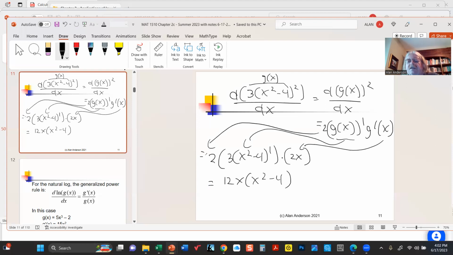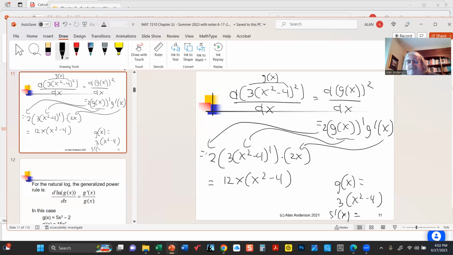Oh, wait a minute. You know what I just realized? No. You know what? I did something I shouldn't have. If g of x is 3 times x squared minus 4, g prime of x will be actually 6x. Because this function is actually, let me write this more cleanly, and then we can see where I made a mistake.